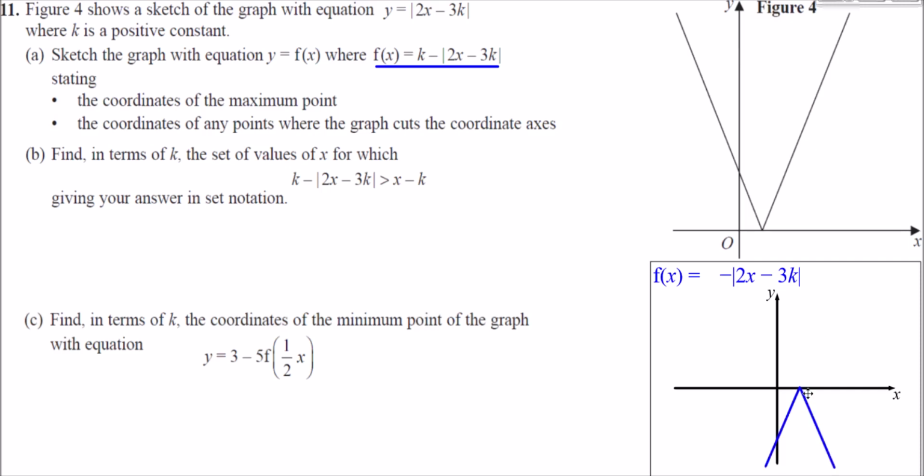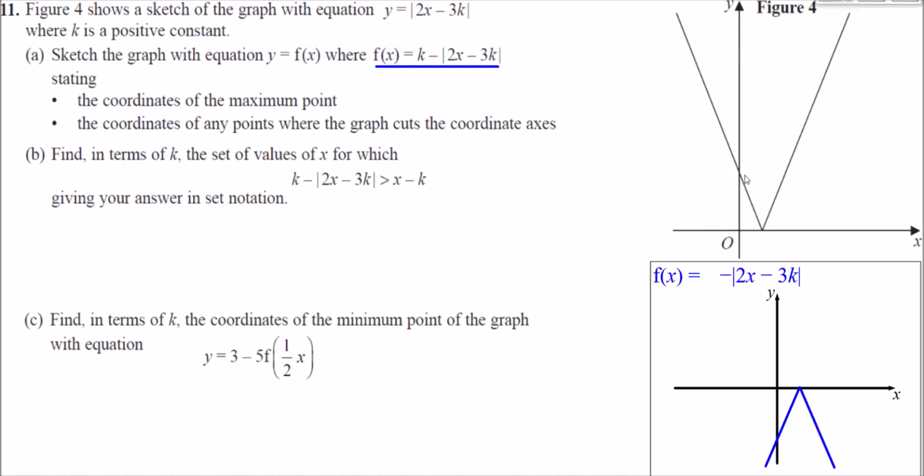The y-axis intercept is given when x is equal to 0. So when x is equal to 0, I get y is mod of minus 3k, which is positive 3k.